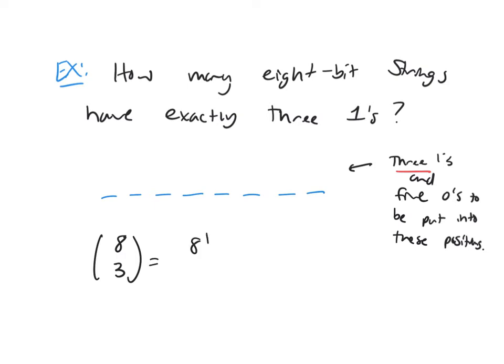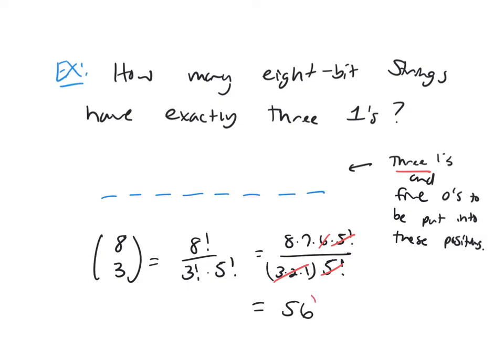So 8 factorial over 3 factorial times 5 factorial. So let's simplify this. The 5 factorials will cancel here, and this 3 and this 2 will cancel with this 6. So it's just going to be 56.